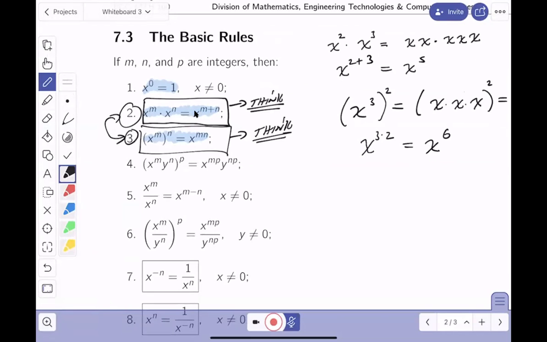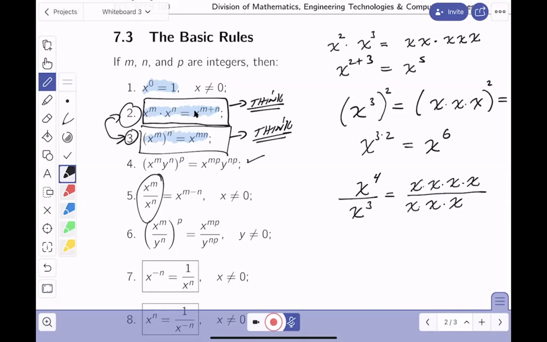All right. The ones that follow over here, I'm going to say pretty straightforward, not so straightforward. Let's take a look at it. X to the 4 over x cubed. X times x times x times x over x times x times x.